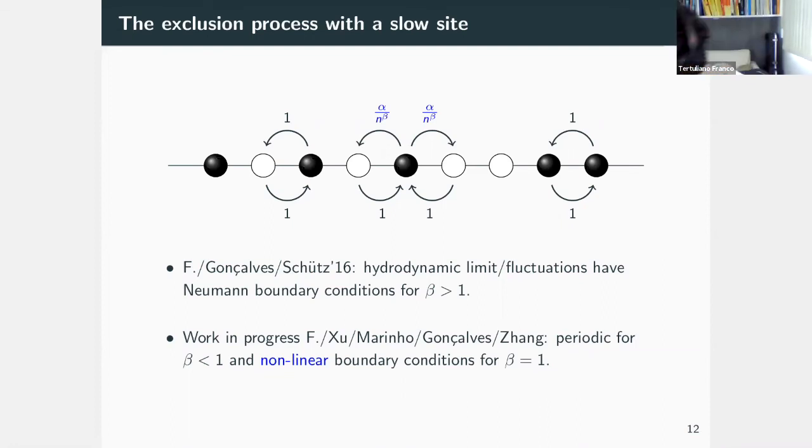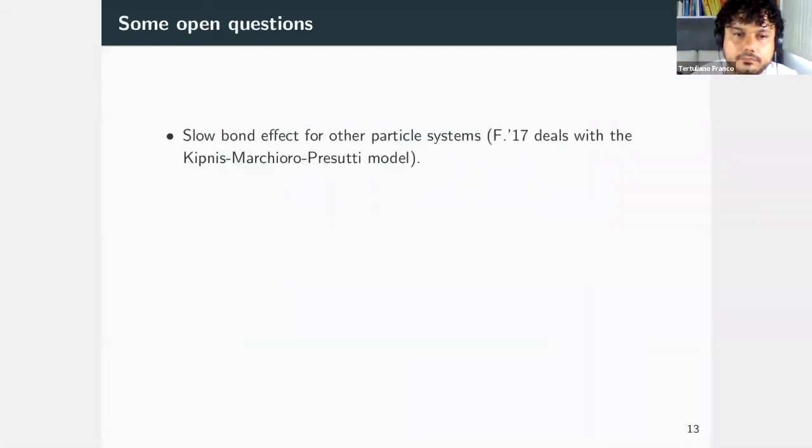So, any questions? Okay. Some open questions: does this slow bond effect appear for other particle systems? For instance, in 2017, I studied the Kipnis-Marchioro result, but it's a very starting paper. There is much to do, a lot of things to study: how this slow bond affects other systems than the exclusion systems.